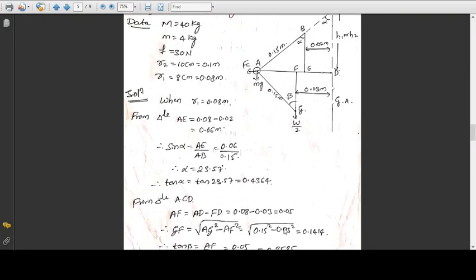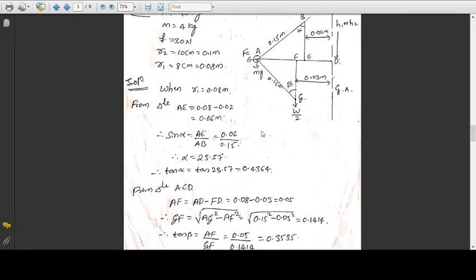Now from the triangle AGF, by applying the Pythagoras theorem, we will get GF, because this is required to get the value of beta. So GF equal to square root of AG square minus AF square, and we know the value of AG and AF here.